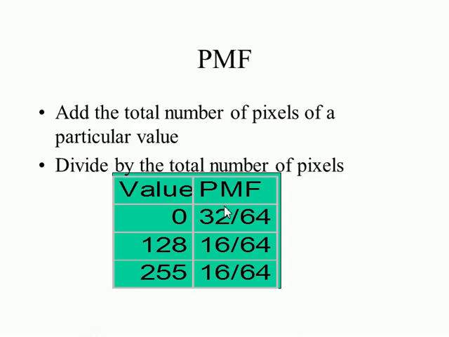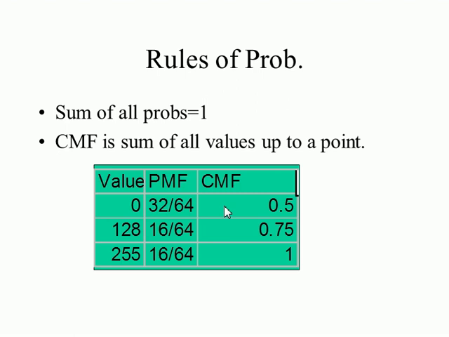Add up the probability mass function elements as a function of value, and you then create the cumulative mass function. And the cumulative mass function is nothing more than the running total of the probability mass function. That cumulative mass function becomes your model for your new lookup table.